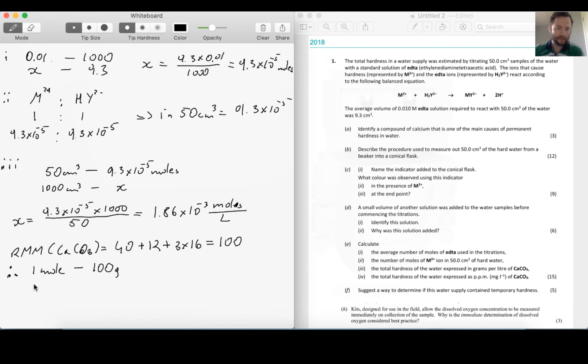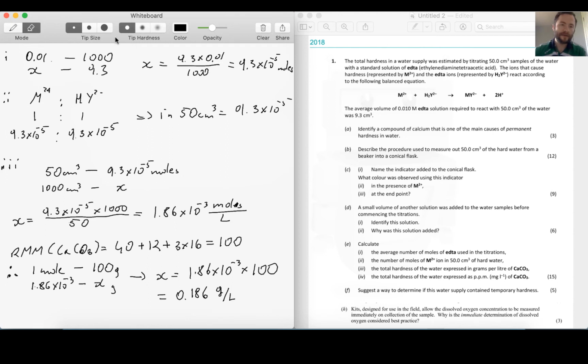And then 1.86 times 10 to minus 3 weighs X grams. So from here I get that X equals 1.86 times 10 to minus 3 times 100, and that will be equal to 0.186 gram per liter. So to answer this question, the total hardness of water expressed in grams per liter of CaCO3 is 0.186 gram per liter.